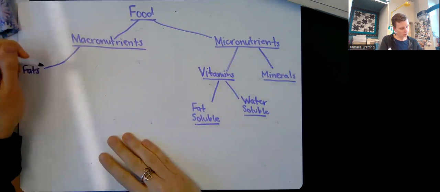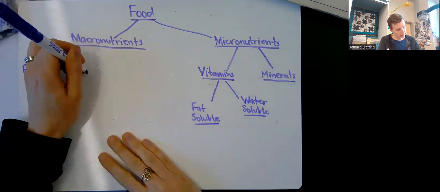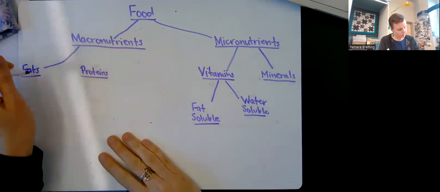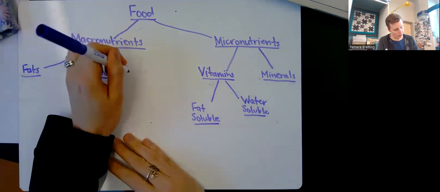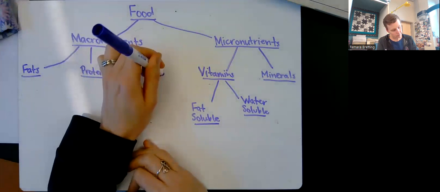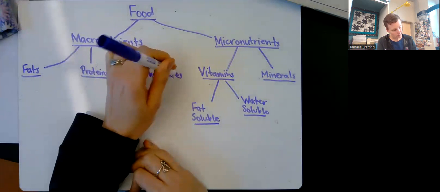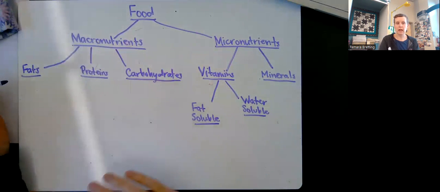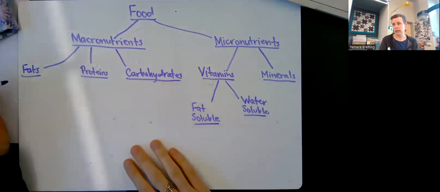So fats, proteins, and carbohydrates. And I believe we're going to be focusing on carbohydrates first, but it doesn't matter the order. Those are your 3 categories for macronutrients.